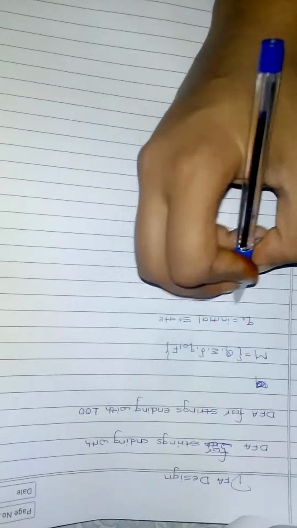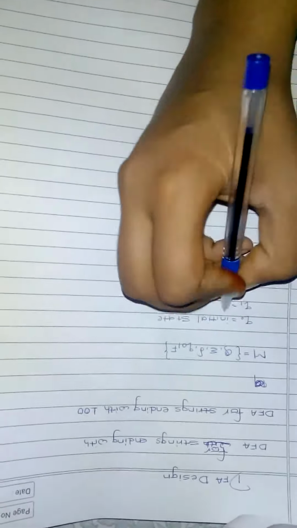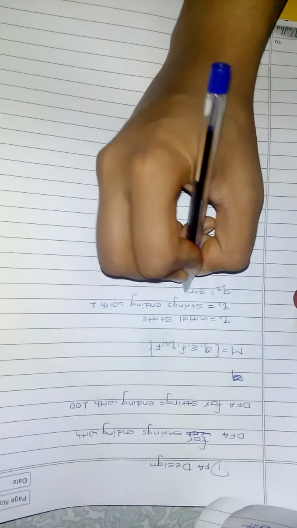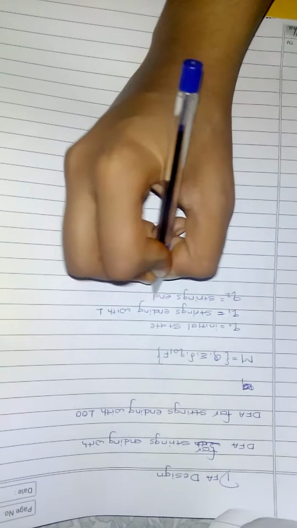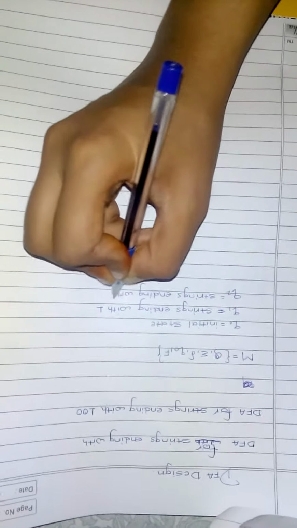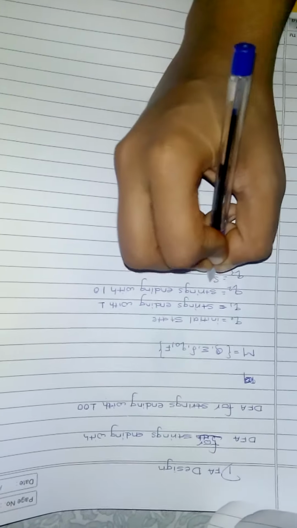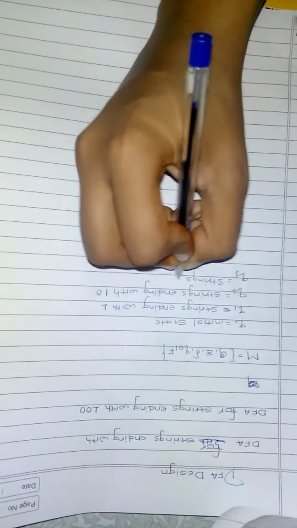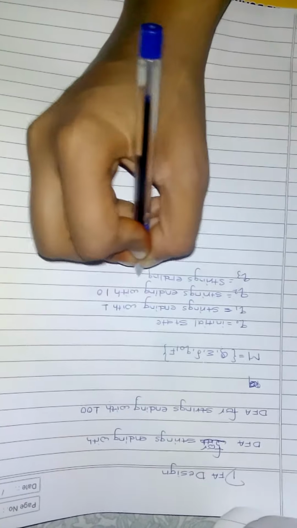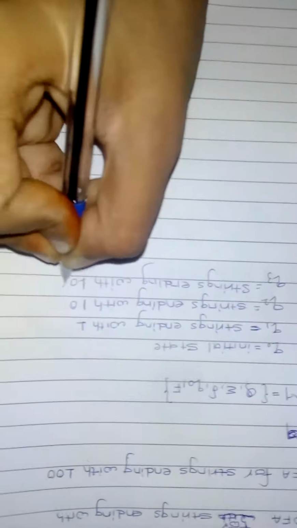अब हम लेते हैं state Q1 which will be strings ending with 1. Q2 will be a state having strings ending with 10, and Q3 will be a state with strings ending with 100.